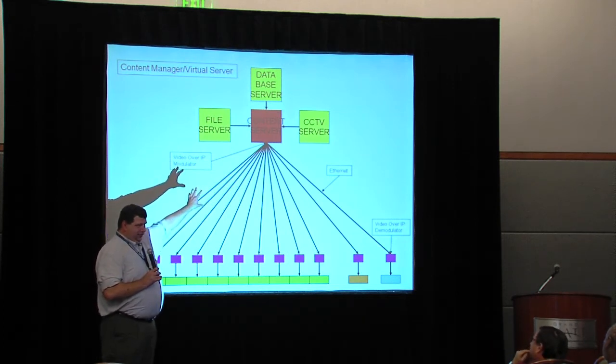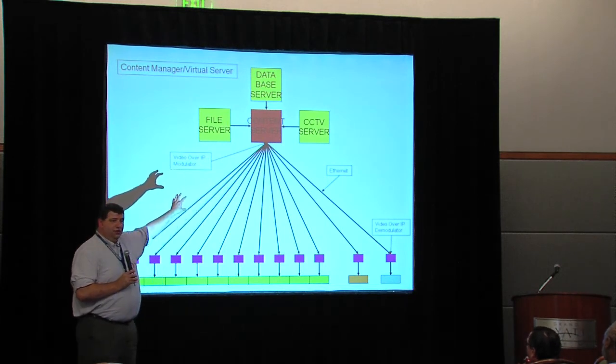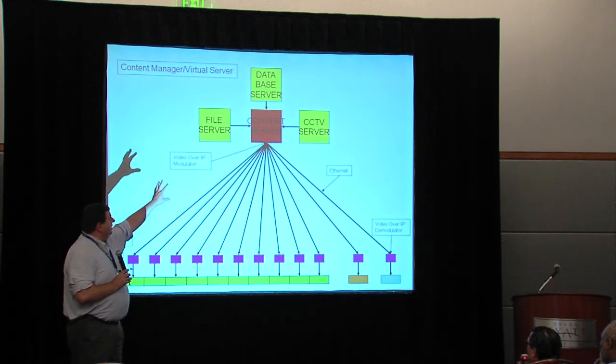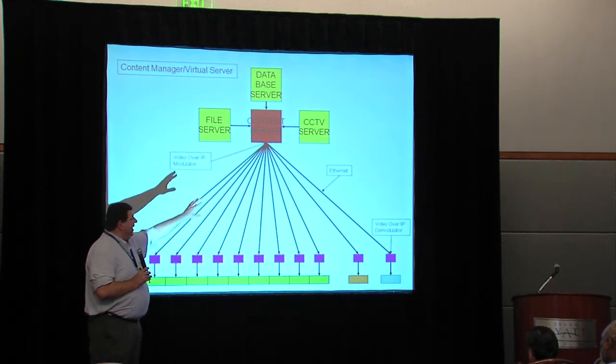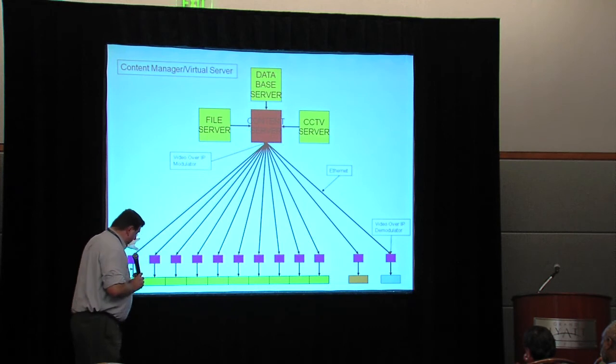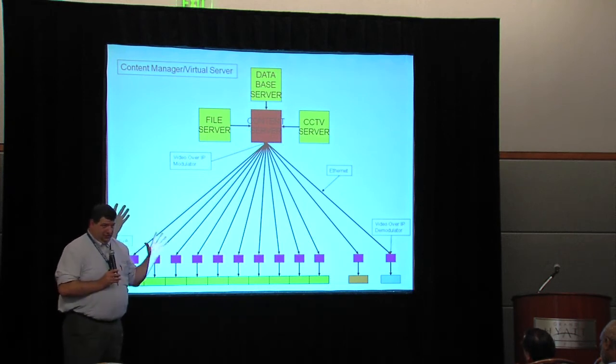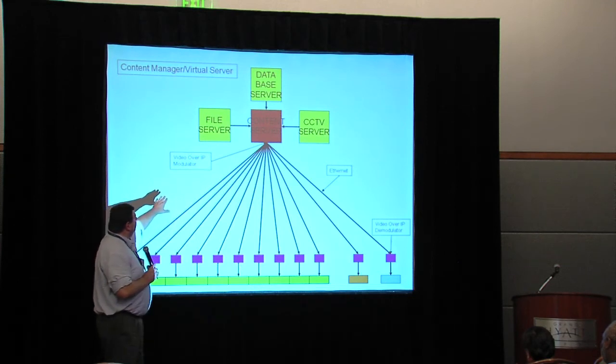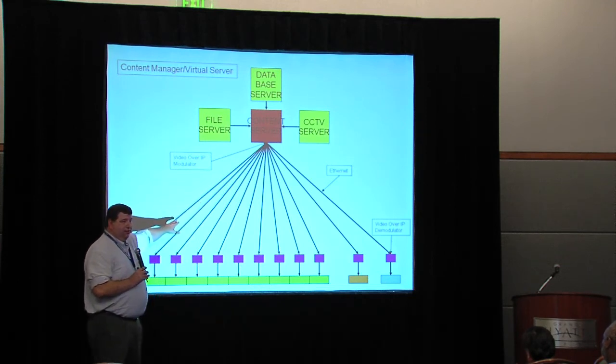Content management is going to be the central traffic cop for managing those different data sources into one centralized place and distributing it out. I'm not trying to solve your problem for you, but I anticipate we'll do some kind of video over IP, right?